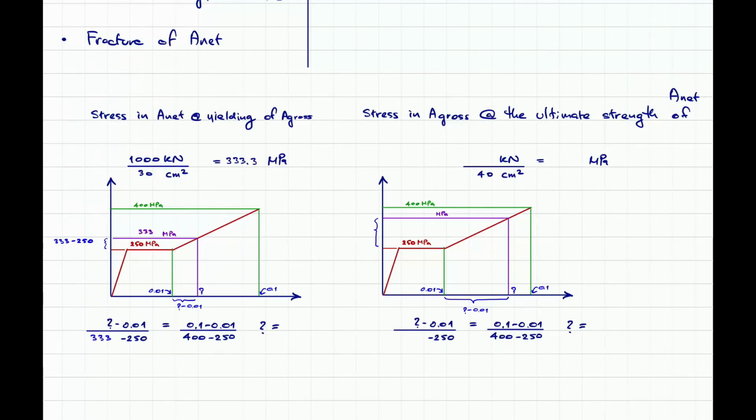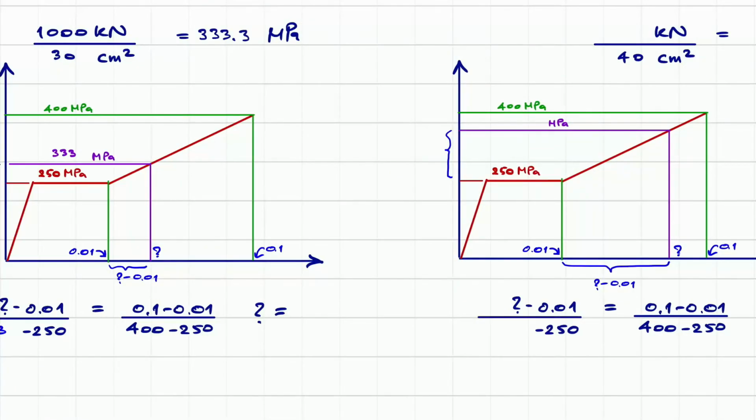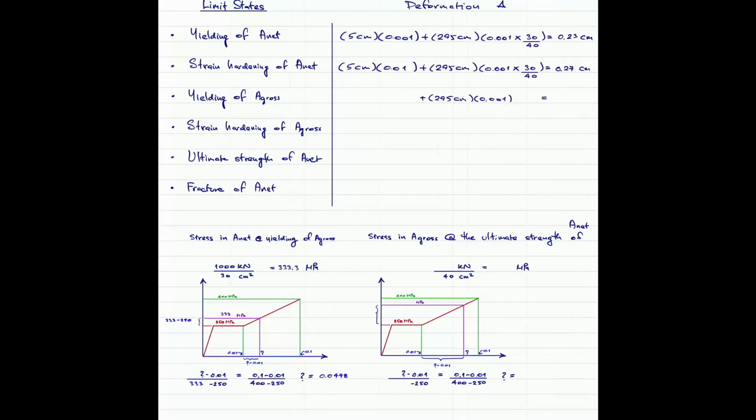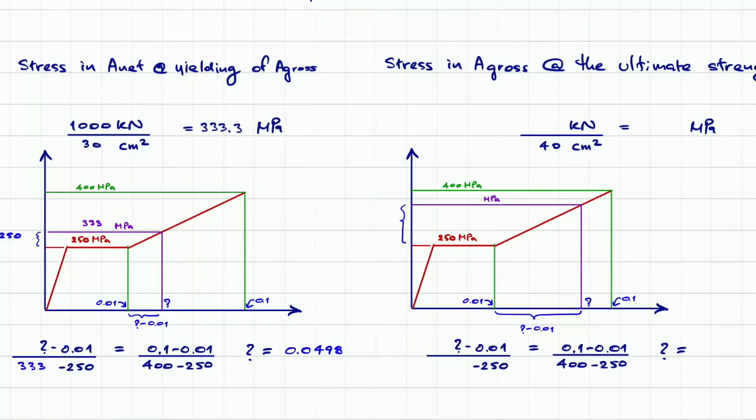Oh yeah, 0.01. This is equal to 0.0498, right? If you get the same number?